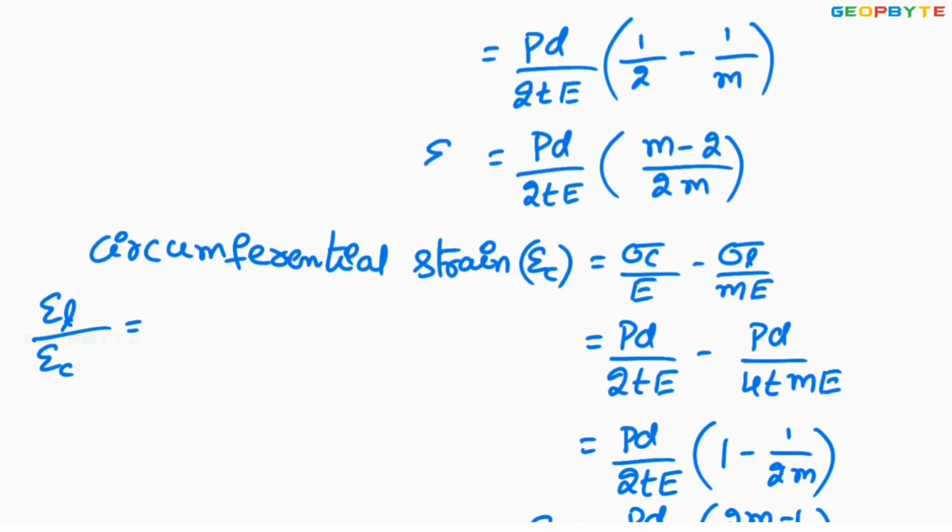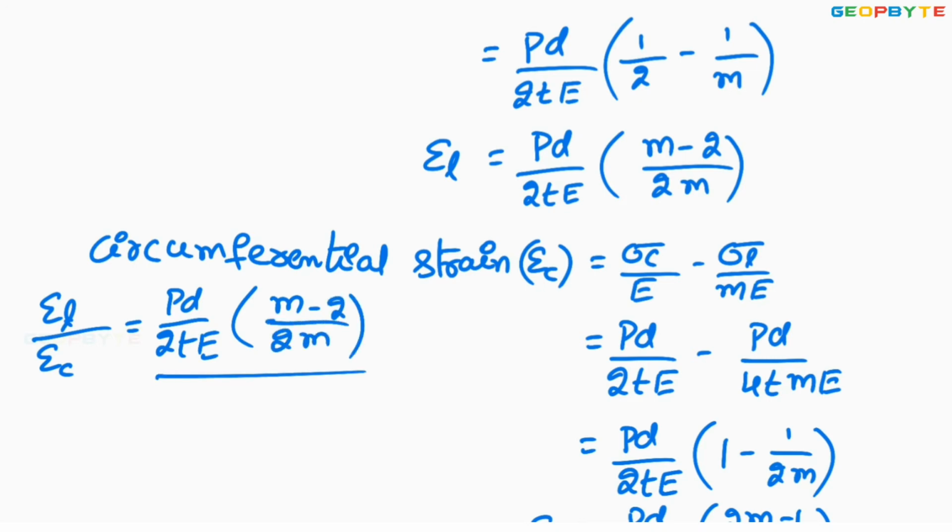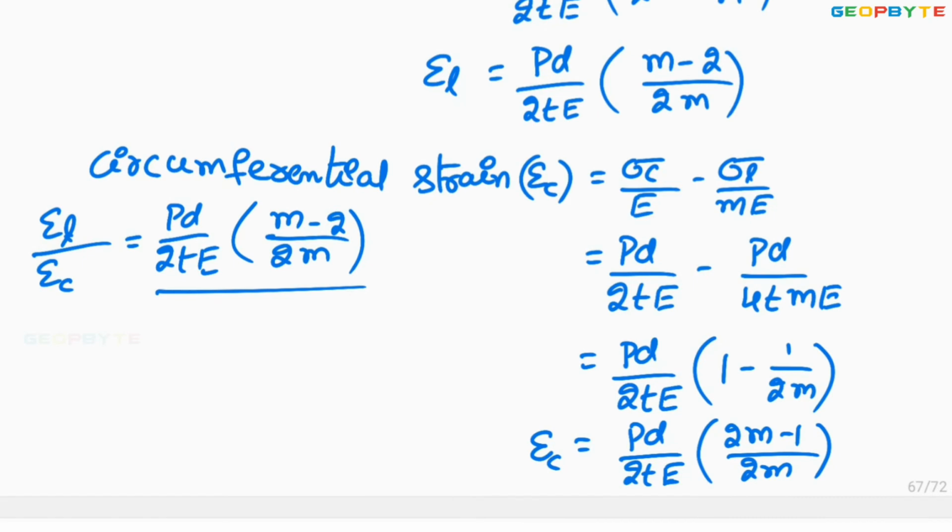This is PD by 2TE into m minus 2 by 2m divided by PD by 2TE into 2m minus 1 by 2m.